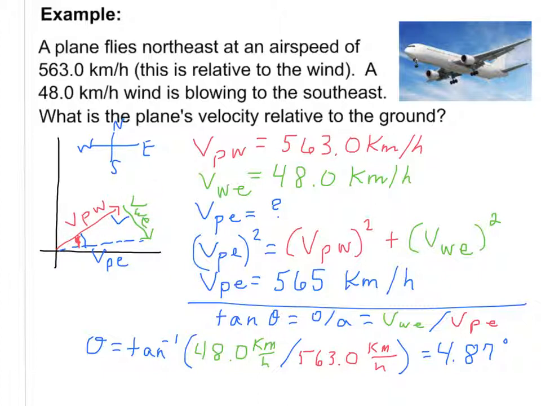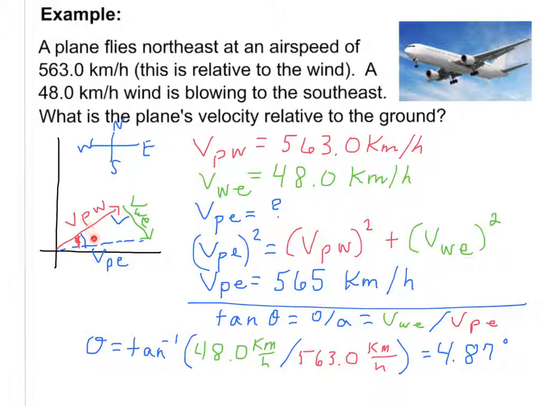Remember, northeast is exactly 45 degrees from north and 45 degrees from east. It's right in the middle. Therefore, all we need to do is say 45 degrees minus 4.87, and that gives us the difference.